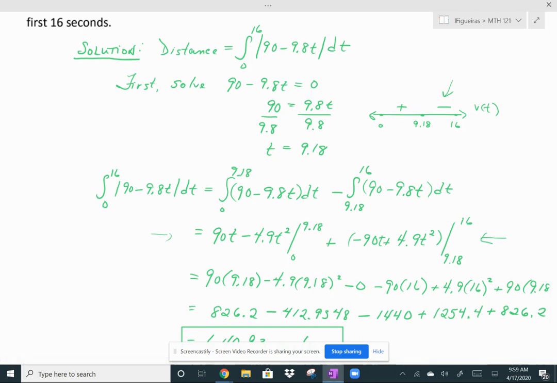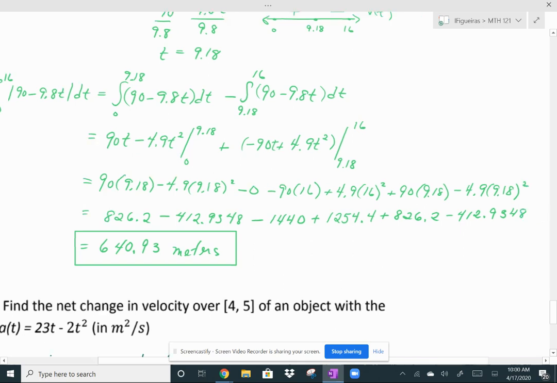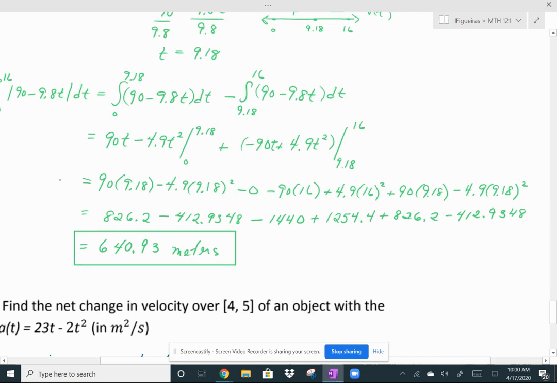But this time we're evaluating from 9.18 to 16. So when we substitute in, according to the fundamental theorem of calculus, we plug in our upper limit minus our lower limit. That's what you see here. When you compute all of that, you end up with 640.93 meters as the distance traveled by that object.